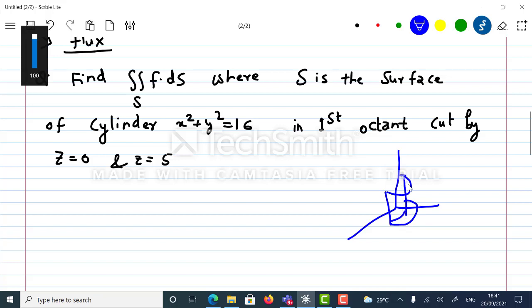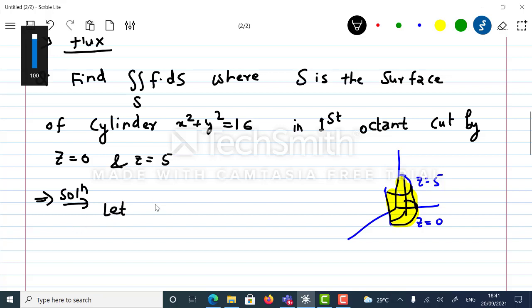This is z is equal to 5, this is z is equal to 0, and this surface, which lies in the first octant, is what we are interested in. To parameterize this, the best way is the cylindrical transformation.